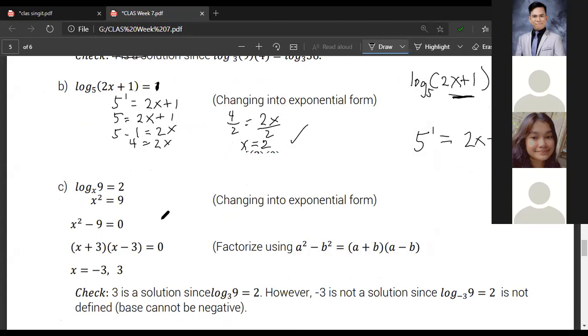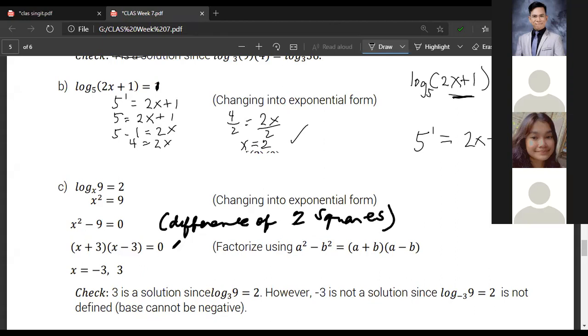This is difference of two squares, and factorize using a squared minus b squared. So magiging x plus 3, x minus 3. So ang value natin is x is equal to negative 3 and positive 3.